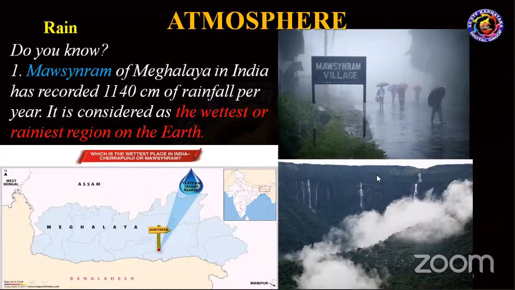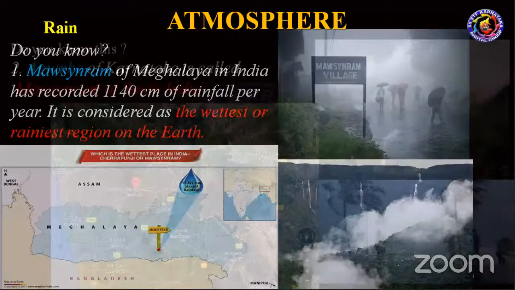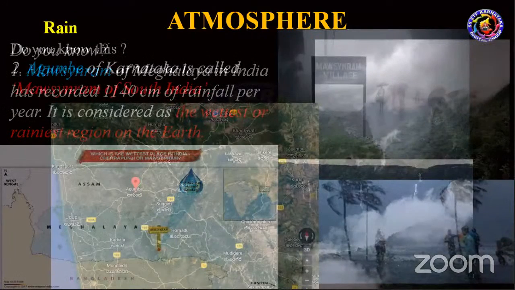And the two pictures under it are the wet areas of Meghalaya, mountain regions. Remember, Mausinram is the heavy rainfall area in India, which is in Meghalaya.